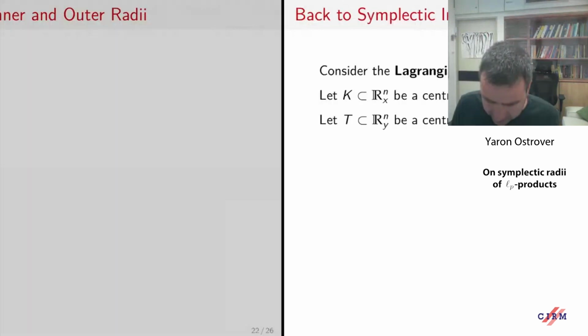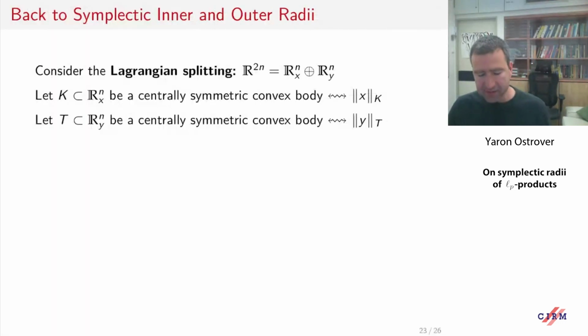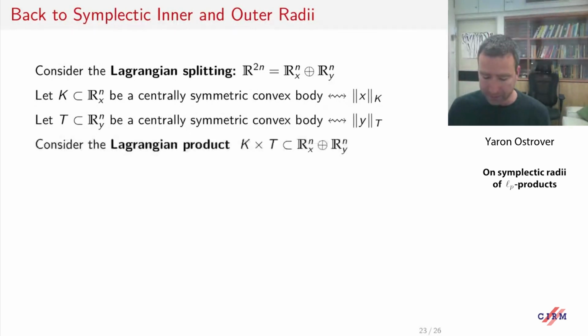But let me say a few words about the symplectic inner and outer radii of these configurations of Lagrangian splitting. What I would like to convince you is that from the Hamiltonian dynamics point of view, this splitting, at least in the case where p equals infinity, has a very clear and precise Hamiltonian dynamics interpretation. So now I'm looking at the case p equals infinity, so just the Lagrangian product of two convex domains.